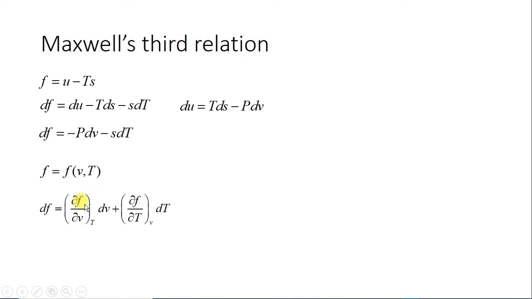Now again if you compare this, ∂f/∂v when temperature is held constant is minus P, and when you consider ∂f/∂T when volume is held constant, it is minus s. So again you will get the same equation, df equal to minus Pdv minus s dT.